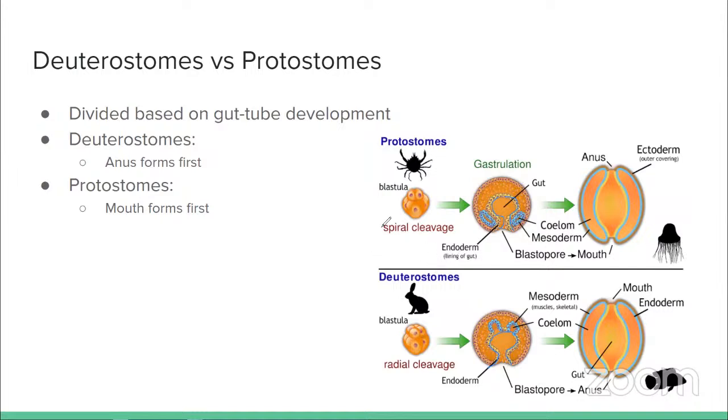So if you ever look into development in detail, you'll find out what type of cell all your nerves are derived from, things like that. But during gastrulation, one of these first phases, we're forming a gut. The difference between the deuterostomes and the protostomes is just which end forms first. In the deuterostomes, we see the anus forming first, and in the protostomes, we see the mouth forming first.